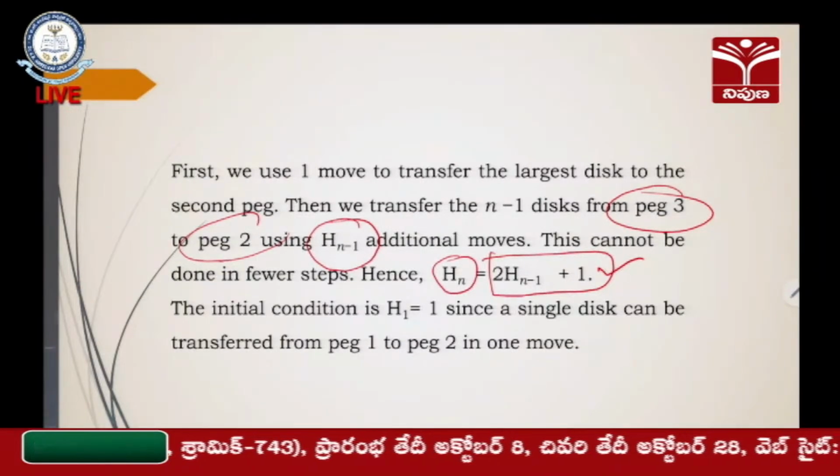Now again it is a relation where the nth term depends upon the n minus 1th term, right? Generally the recurrence relations, as you know, if somebody studied multi-step methods in differential equations or numerical analysis, if the nth term depends upon only a single previous term, that is called a single step method. If the nth term depends upon more than one of its previous terms, then it is called a multi-step method.